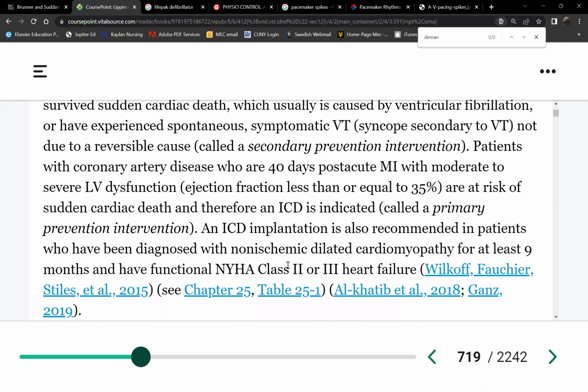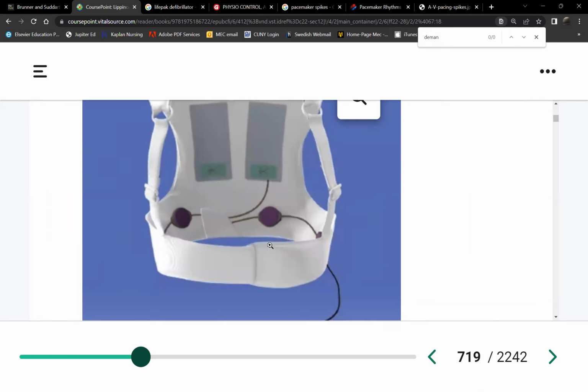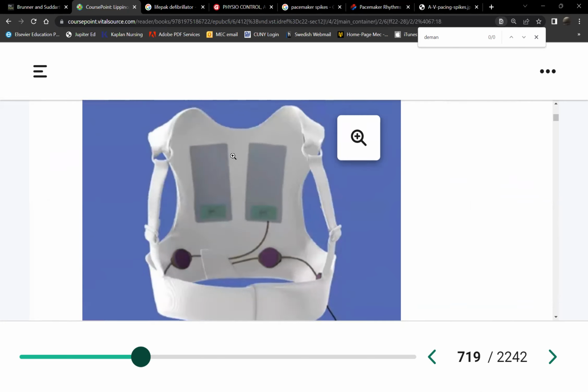Remember there is a transvenous pacemaker. This ICD also has a bridge. The LifeVest is an external ICD. The patient wears a vest, so you put this over your skin and you put your clothes over it, because otherwise, if you put this over your clothes, it won't have any contact. The electrodes are strategically placed.